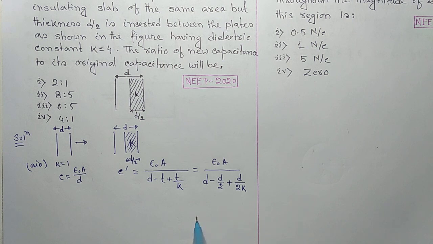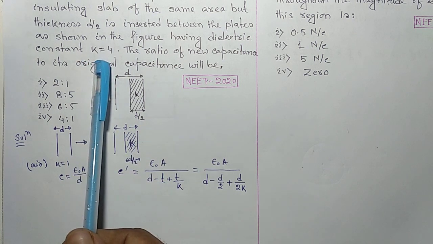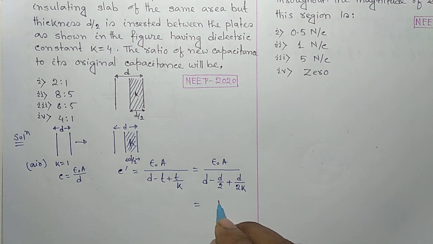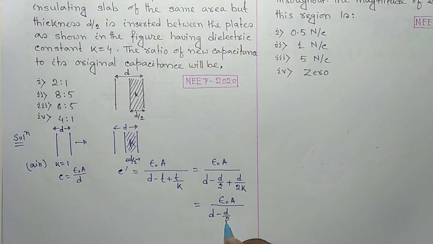Alright, K is 4 here. So now putting the value of K, which is 4, this is equal to epsilon naught A divided by D minus D by 2 plus D by, after putting the value of K, K is equal to 4, so it will be D by 8.